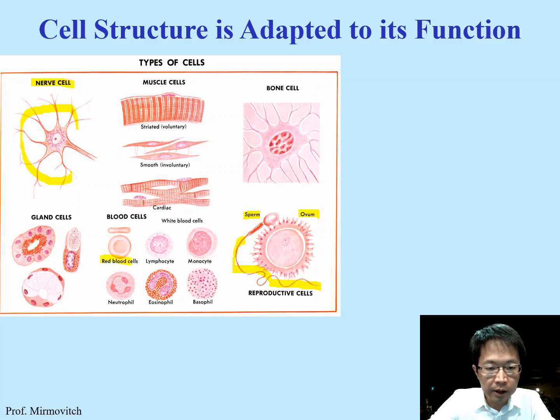Red blood cell here, and then you have 5 types of white blood cell here. If you take anatomy or physiology, you are required to know all 5 types of white blood cell. Since we are only in the introductory biology class here, you don't need to. If you are so unfortunate as to take my anatomy or physiology, then I'll require you to know all these cells.